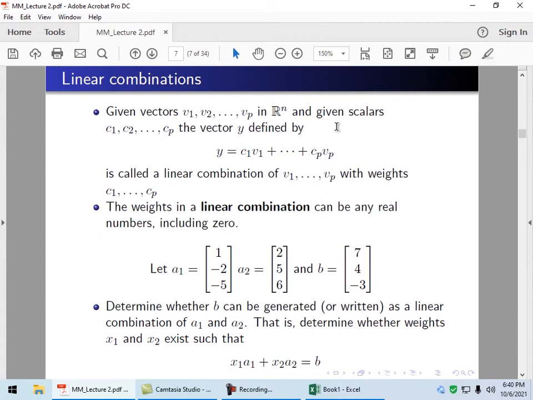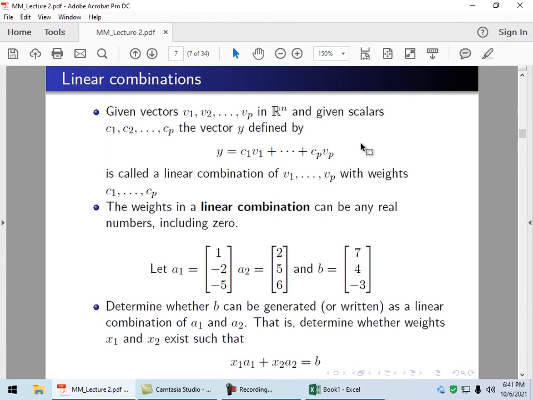In Rn we have n elements for our columns. So a linear combination is the multiplication of each scalar on each vector, plus this scalar on this vector, plus the last on the last. So this is the sum of multiplications. Okay, linear combination is this thing.